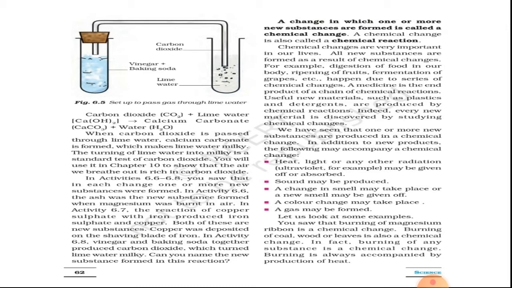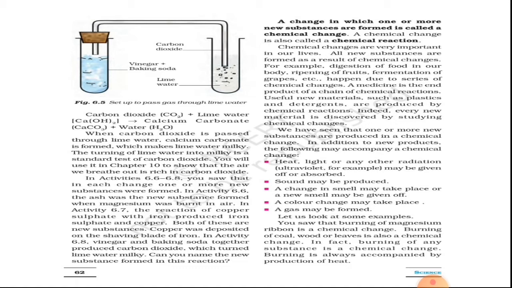The lime water means the calcium hydroxide solution. See here, the lime water is a calcium hydroxide solution. This is also a basic solution. If we pass the carbon dioxide through the calcium hydroxide solution, means lime water, then due to the reaction between carbon dioxide and lime water, calcium carbonate is formed along with water.